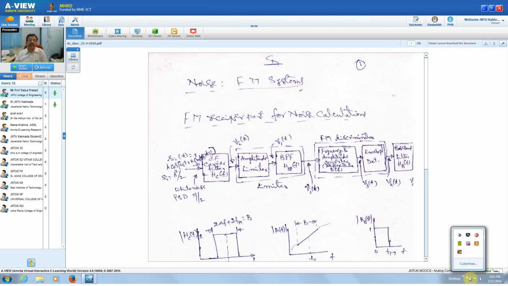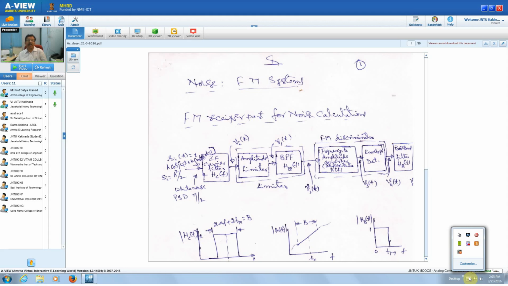We assume the input signal s_i(t) is A cos(omega_c t + K integral from minus infinity to t of m(tau) d tau). That is the frequency modulated signal we give as the input.